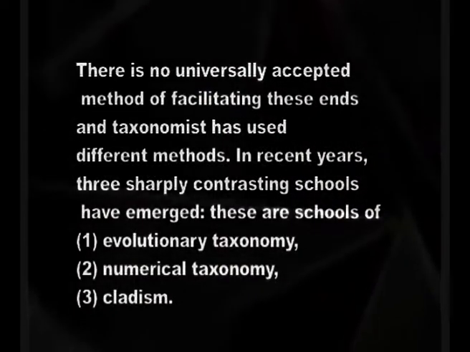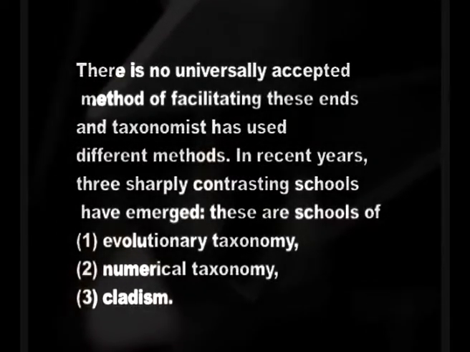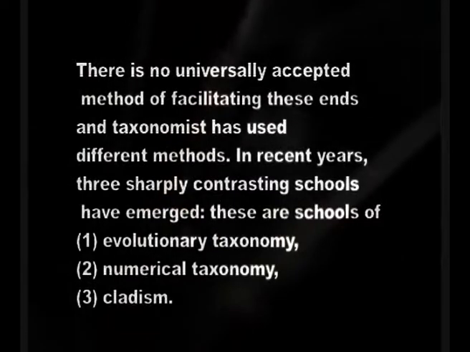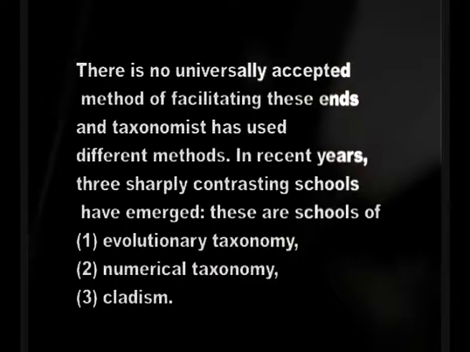In recent years, three sharply contrasting schools have emerged. These schools are number 1, evolutionary taxonomy, number 2, numerical taxonomy, and number 3, cladism. In erecting a hierarchical classification, taxonomists use a traditional and very flexible combination of criteria.